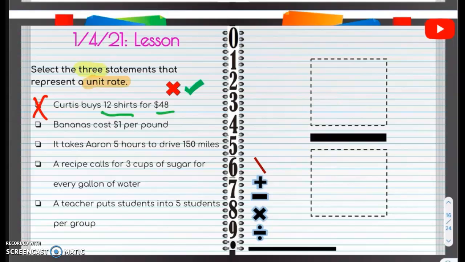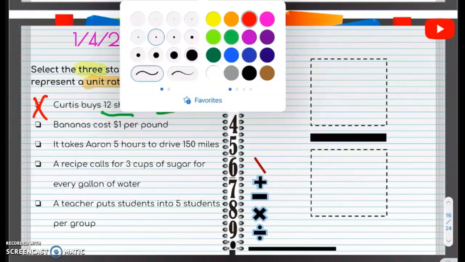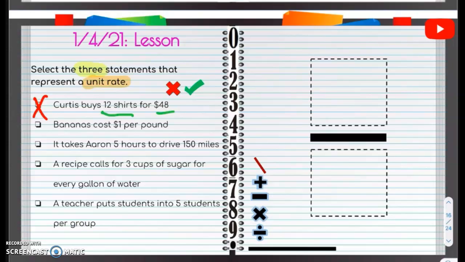All right, so now let's take a look at the second one. A banana costs $1 per pound. Per pound means per 1 pound. So $1 per pound. So remember how you can re-say this as per or divided by? So per pound means 1 pound.